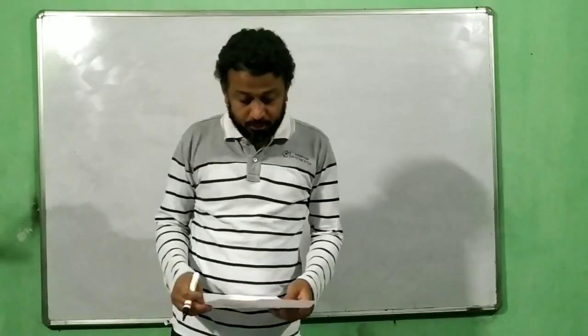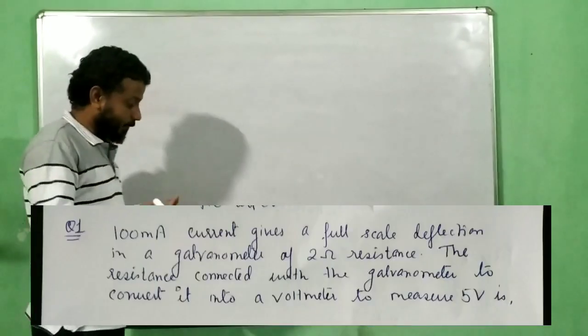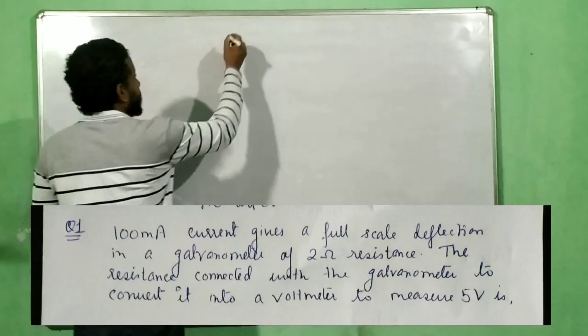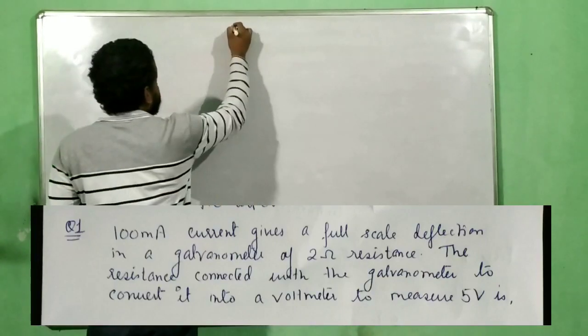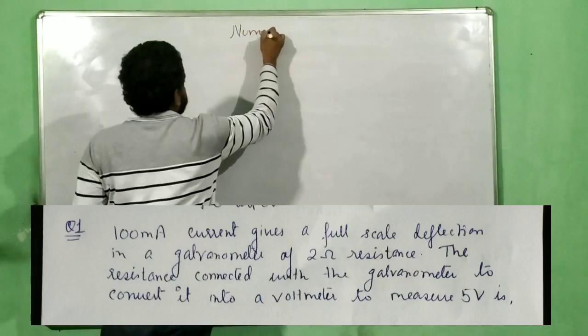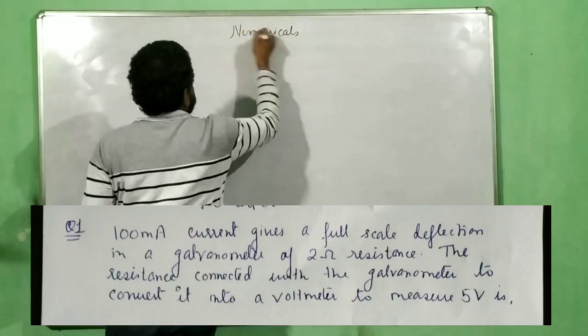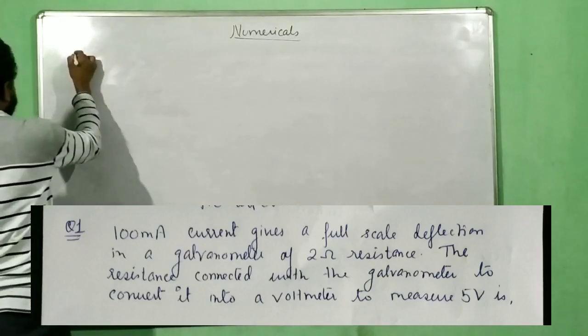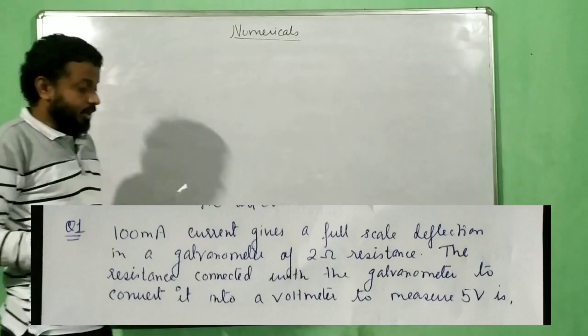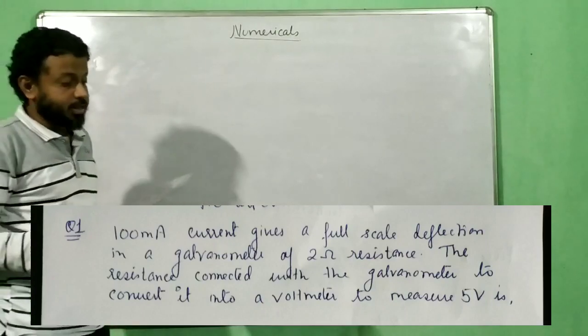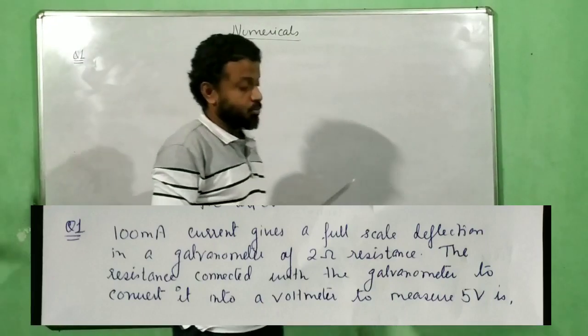Okay, so here goes the first question, which will appear on your screen right now. The very first question says that 100 milliampere current gives a full scale deflection in a galvanometer of 2 ohm resistance.